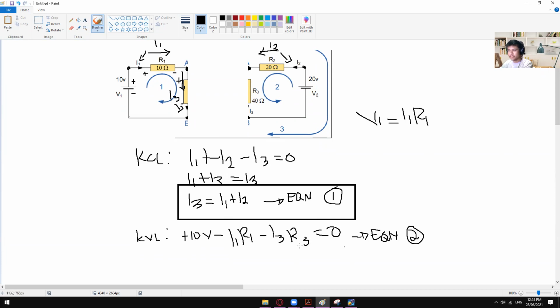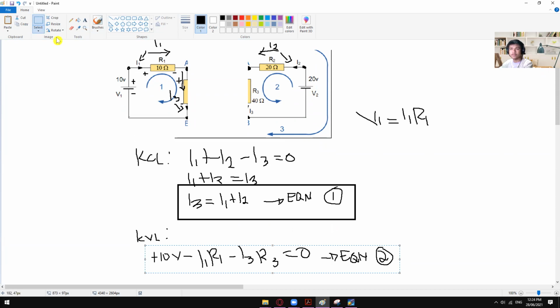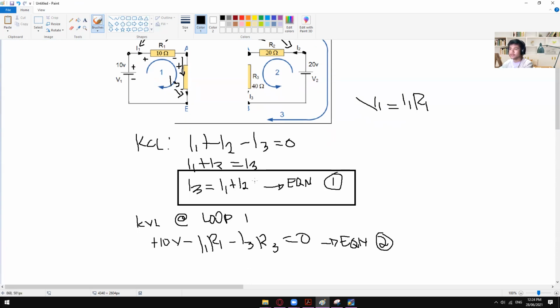Are we clear so far on how we got this equation? Basically we could call this one KVL at loop number 1, this equation right here. Were you guys able to follow so far on how we got this equation?